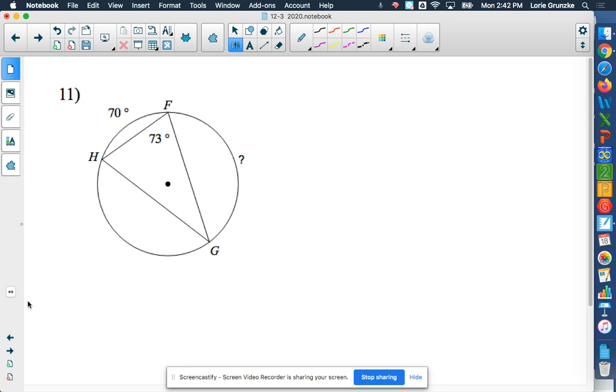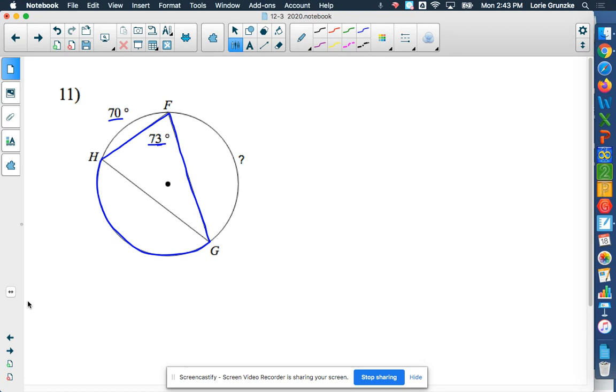Okay. Let's see, we want that arc over there. You've got to start with what you know. Well, you know 70, and you know 73. I'm going to start with 73. A 73-degree angle would give me this arc. I could find that arc now.